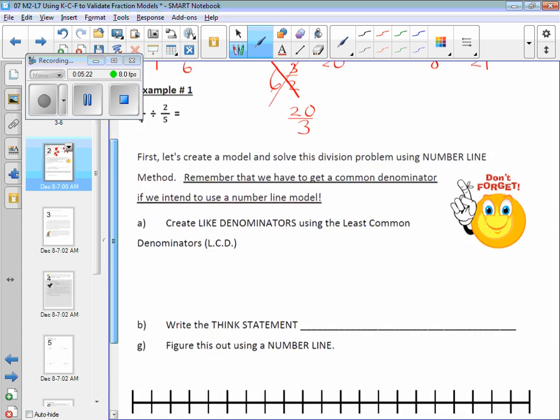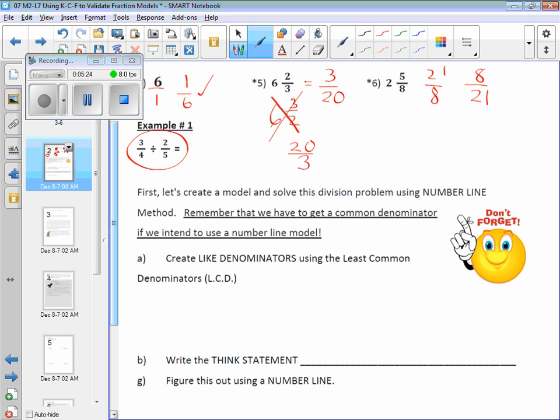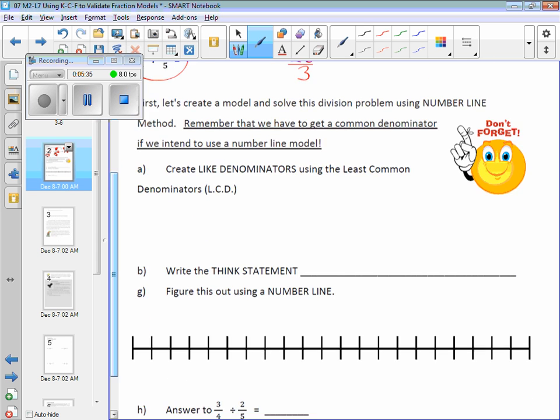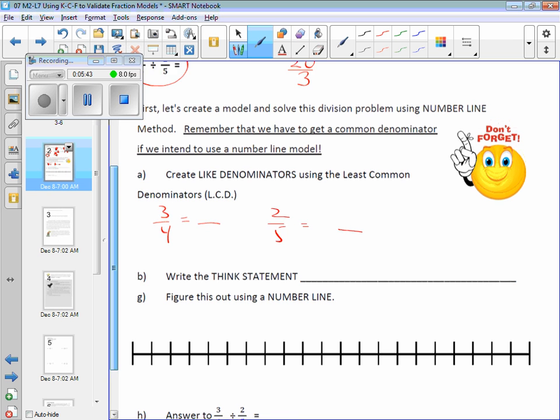We have 3/4 divided by 2/5. If you were to get this on the test, what would you have to do first? Well, all right, Will, what should our common denominator be? Oh, look again. Did I write it down correctly?